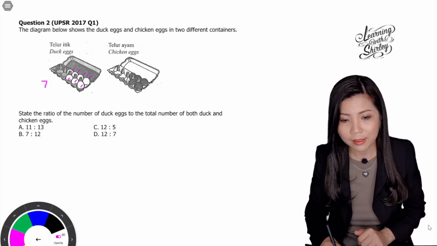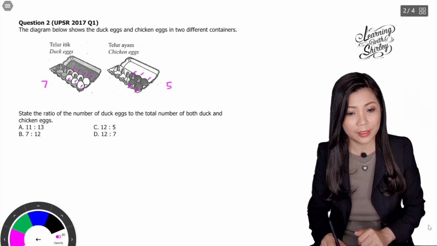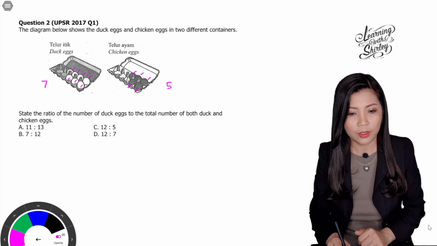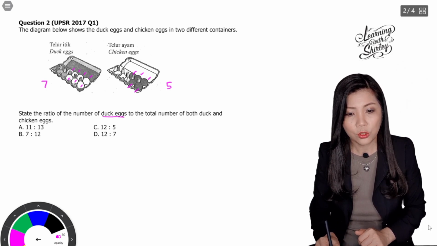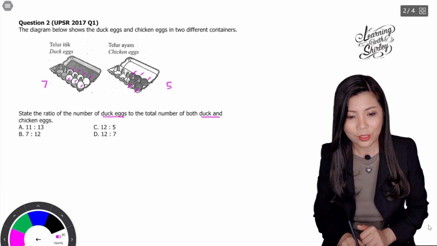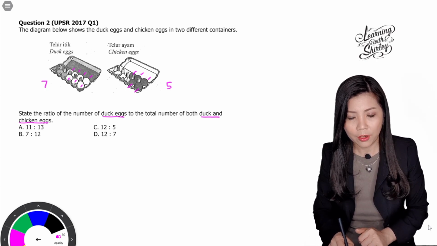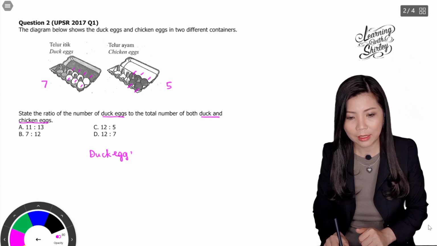Whereas chicken eggs, we have 1, 2, 3, 4, 5. So we have 5 chicken eggs. State the ratio of the number of duck eggs to the total number of both duck and chicken eggs. So the ratio will be duck eggs to duck plus chicken eggs.